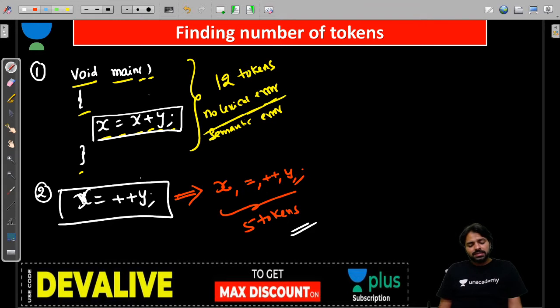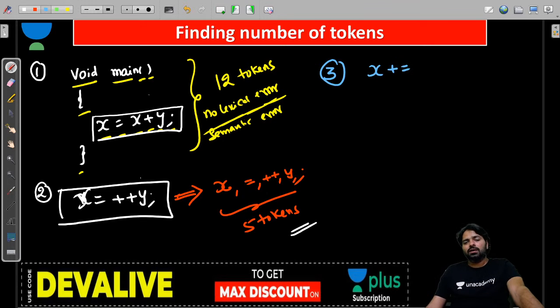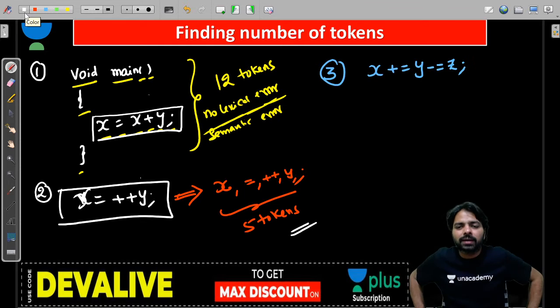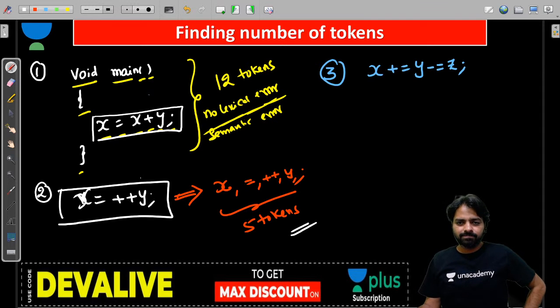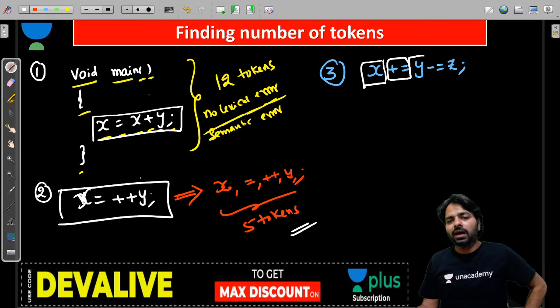Okay. Plus is equal to, a compound assignment operator, will be treated as 1 token. If you have a third program, x plus is equal to y minus equal to z, and you scan the program: x is 1 token, plus equal to, don't keep any space in between, y another one, minus equal to another one, z another one, semicolon another one.